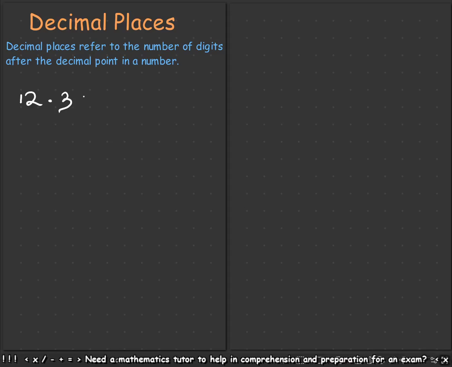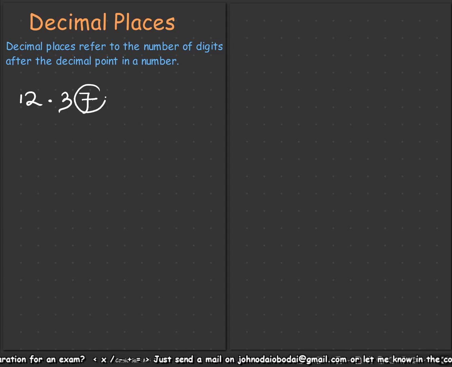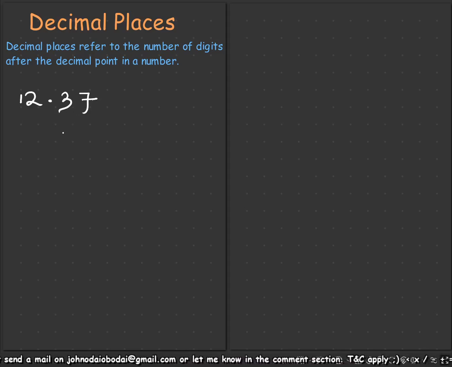Now we have 12.37. This here is two decimal places because we have what? Two digits after the decimal point. Hence, we are saying it is to two decimal places. But we also say the digit 7 is to the 100th place. We'll be using these two interchangeably.